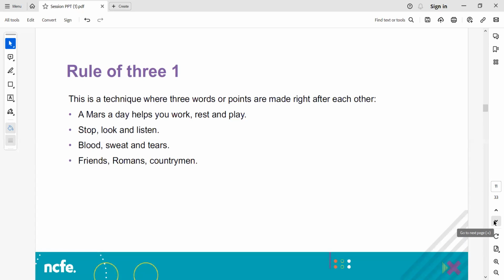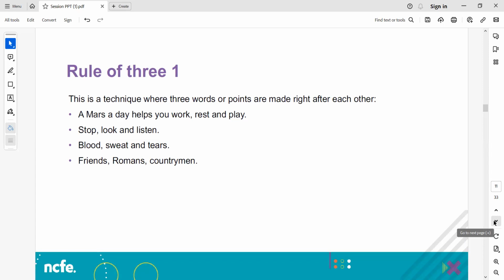They used this repetition: a Mars a day helps you work, rest and play. The 3 words or points give a nice rhythm to the sentence. That's why it's used. People remember it more easily because of the rhythm it gives, the 3 points.